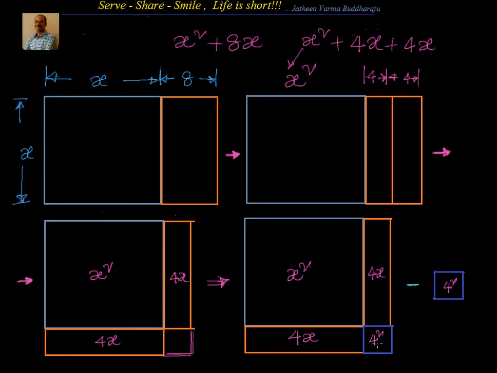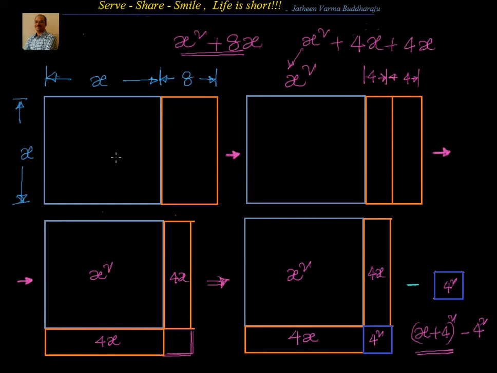So this is nothing but x plus 4 whole square minus 4 square. So this is called completing the squares. If you have been given x square plus 8x, writing it as x plus 4 whole square minus 4 square is called completing the squares.